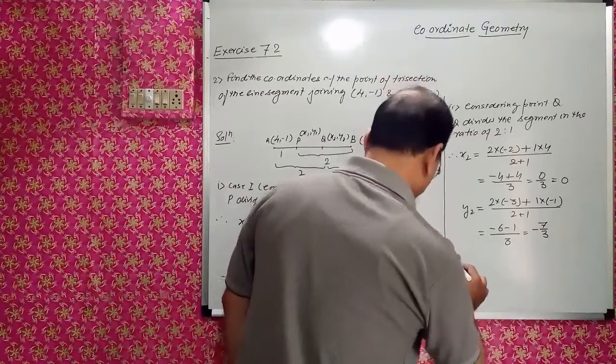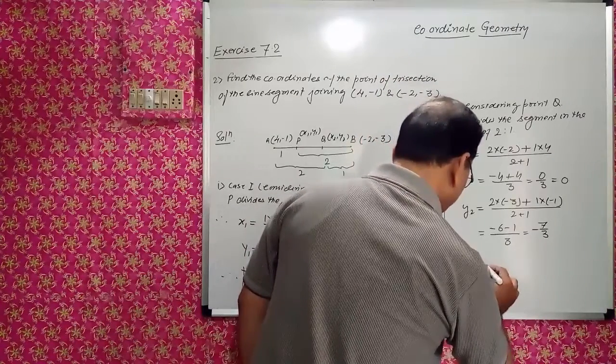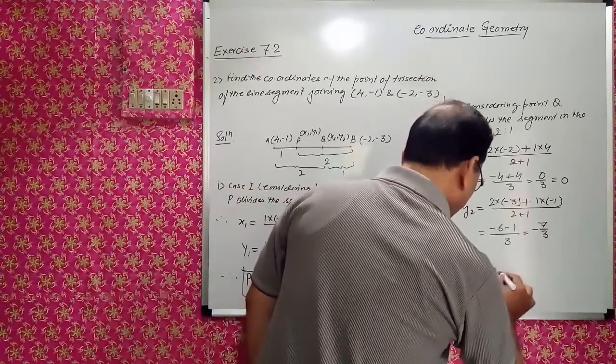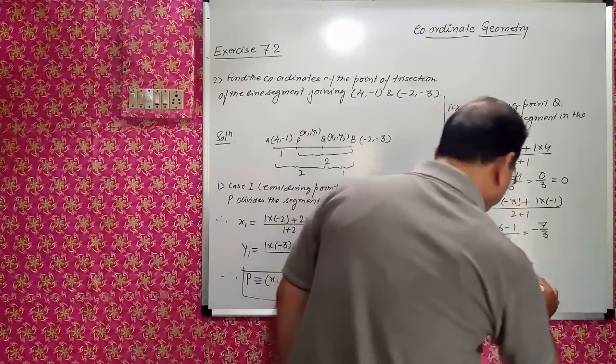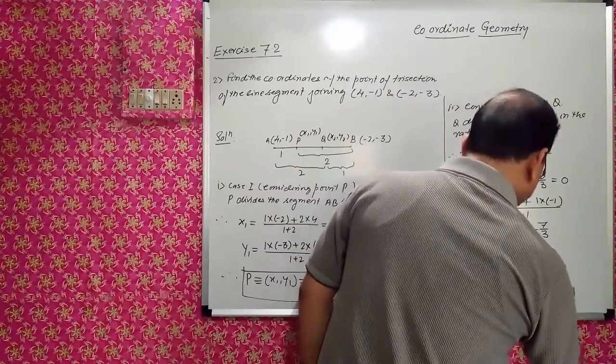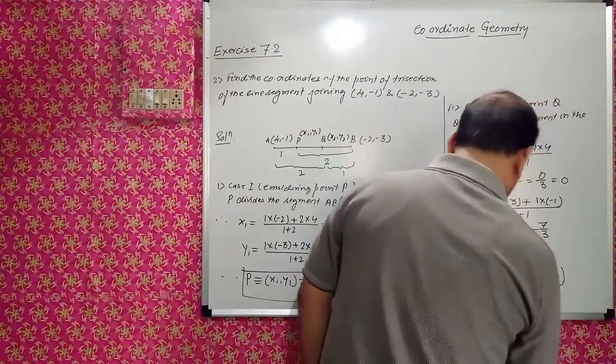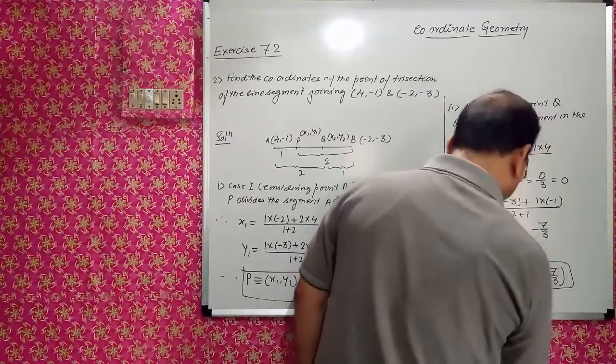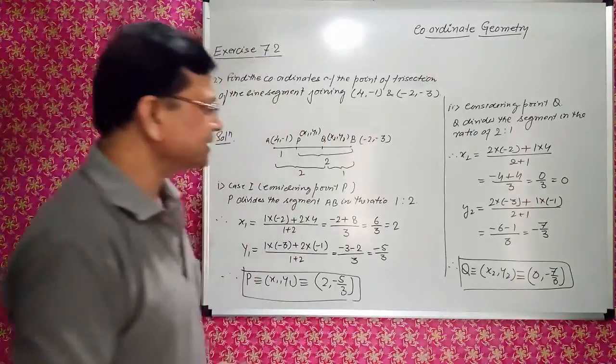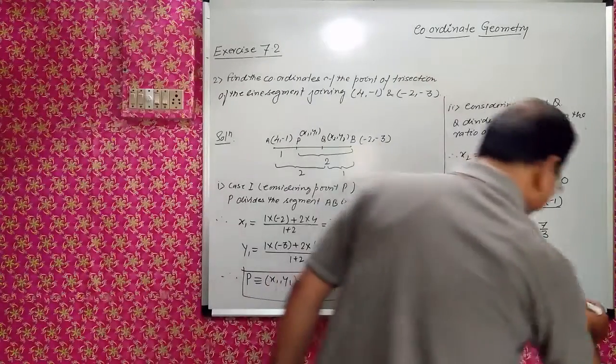So therefore, Q is equal to x2, y2, which is x is 0 and y is minus 7 by 3. This is another point, right? So these two are the answers of this question.